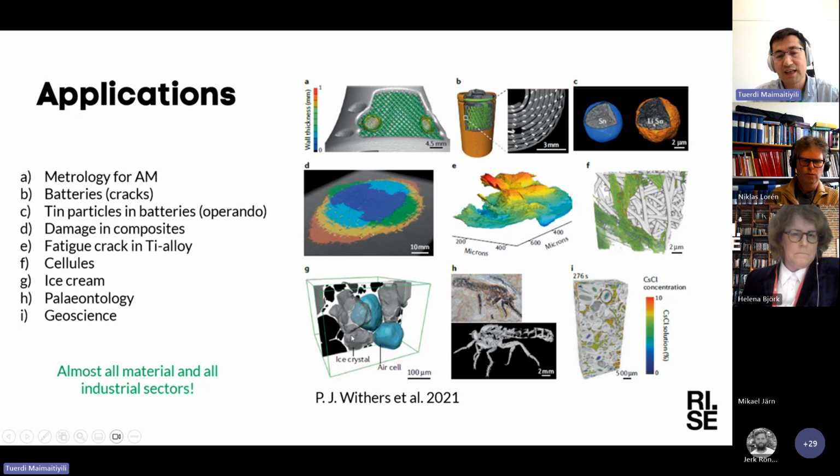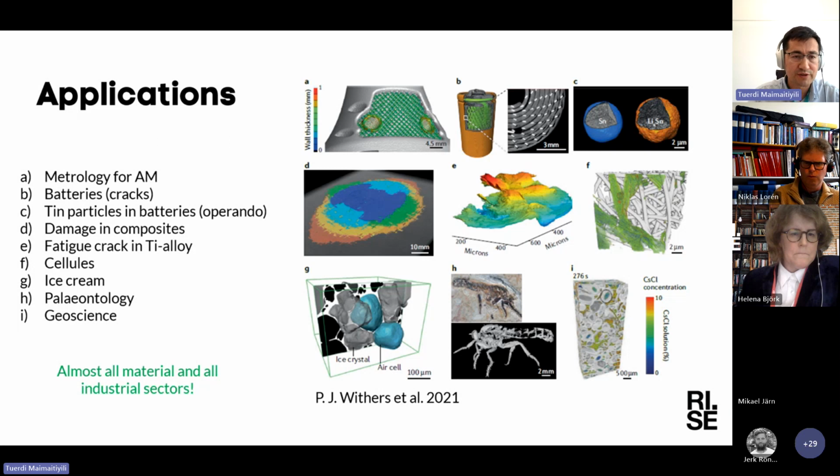Even this case is just from ice cream, and there are not so many techniques that can help to see such kinds of materials. And last but not least are archaeological samples together with some geological specimens. So simply put, almost all materials and all industrial sectors can get a benefit from the CT measurements.